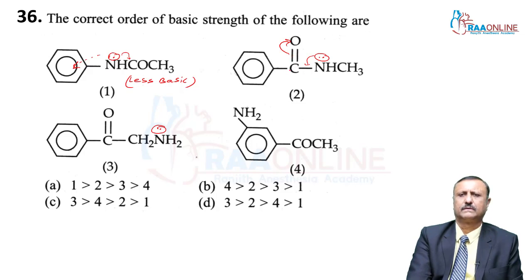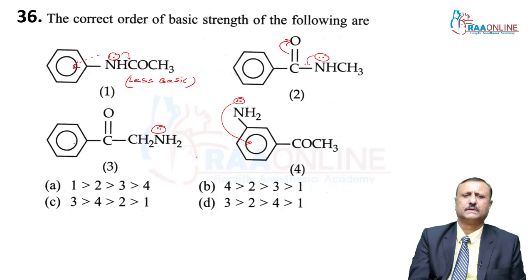Now we can see which nitrogen lone pairs go into resonance and which do not. This nitrogen lone pair also goes into the benzene ring in resonance. So, my dear students, the answer is third, the most basic amongst all four.